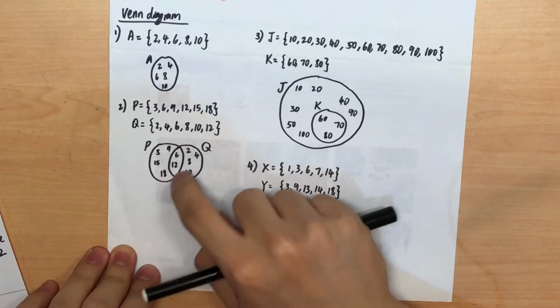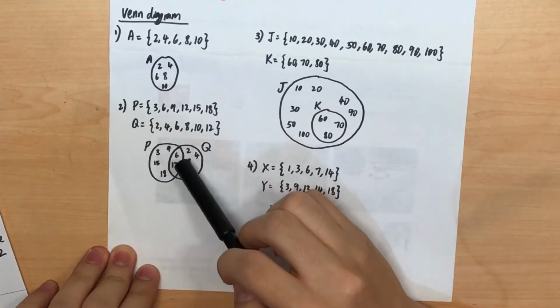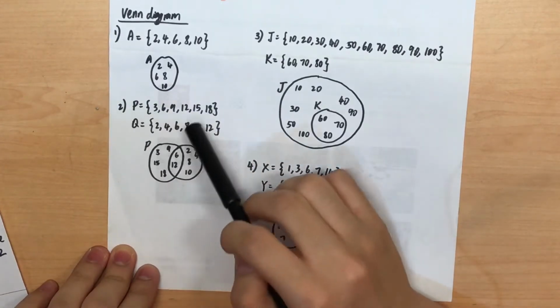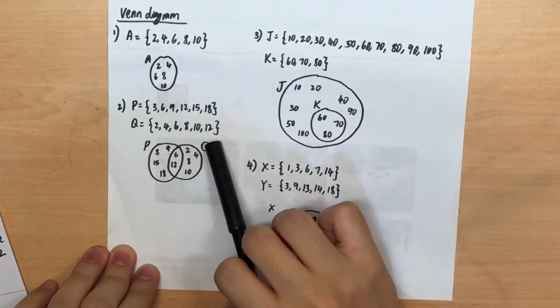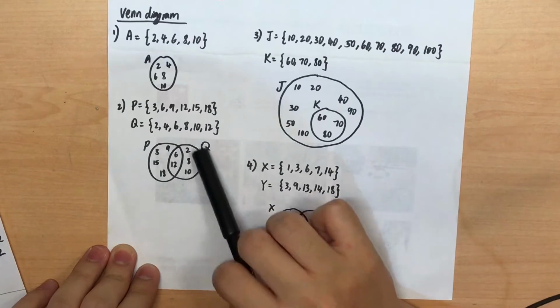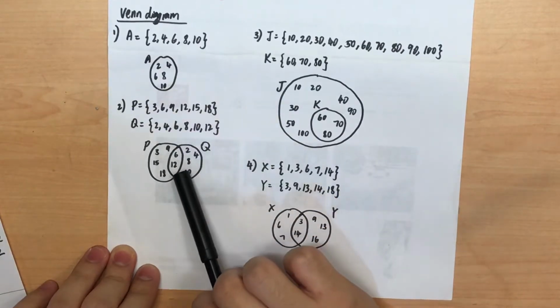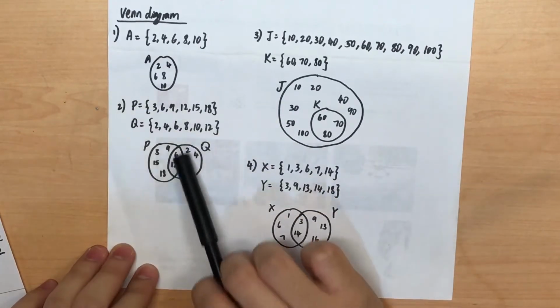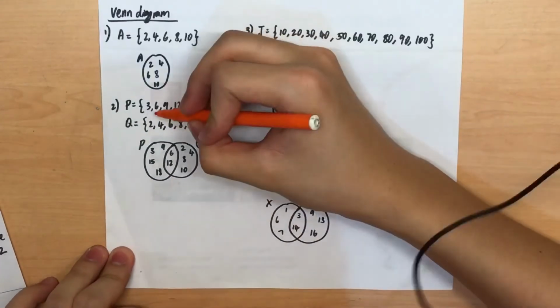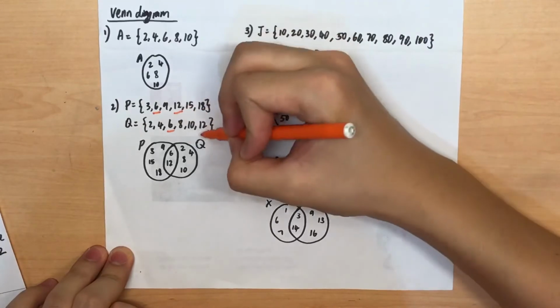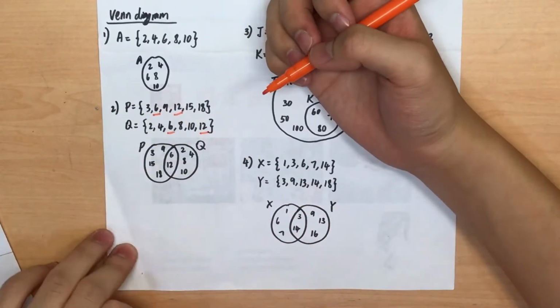We look at this circle P. It contains all the elements inside set P. And set Q is 2, 4, 6, 8, 10, 12. But between them, there are elements in common, which are 6 and 12. These two are the intersection.